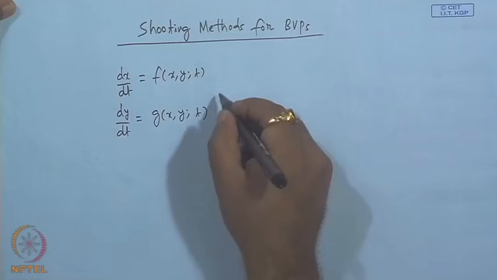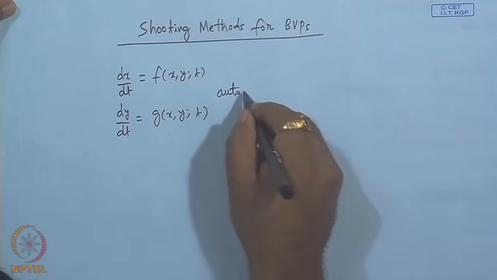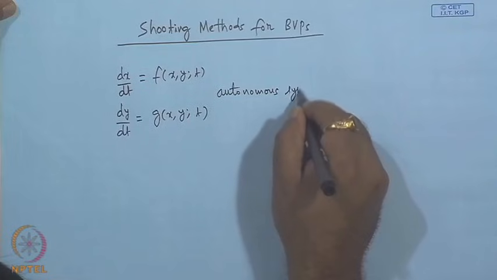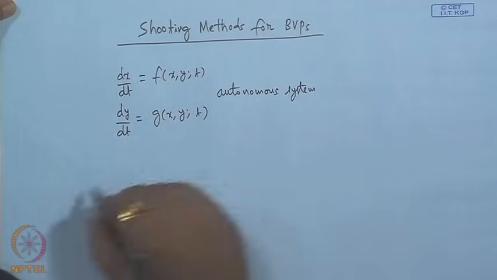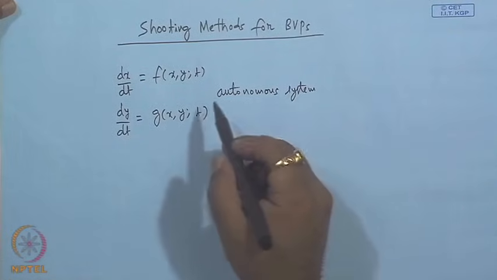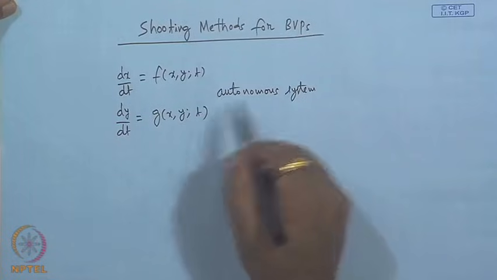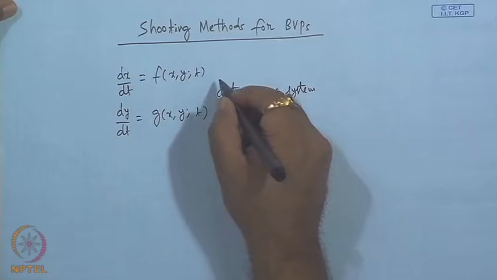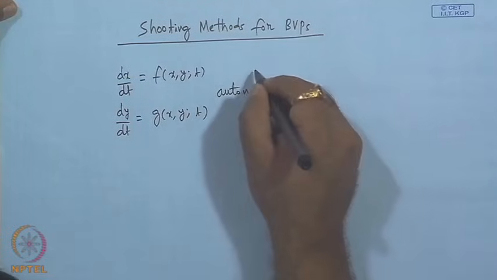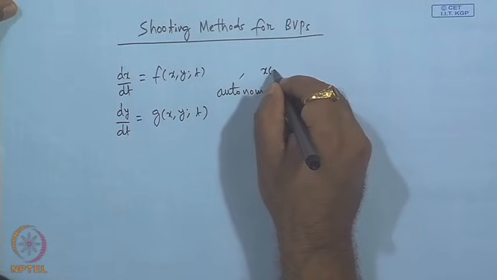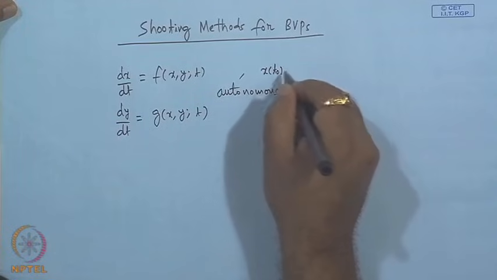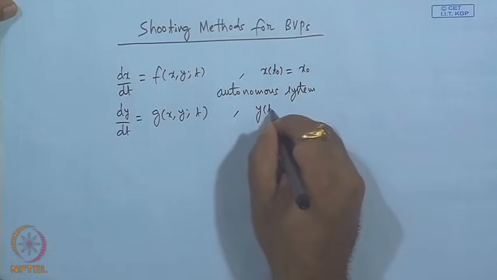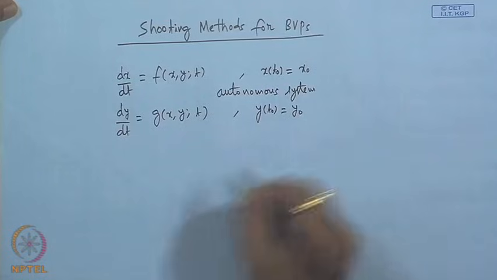This is called an autonomous system. For example, the book by G. F. Simmons on ODE discusses this. Accordingly we must have initial conditions: x of t naught is x naught, y of t naught is y naught.